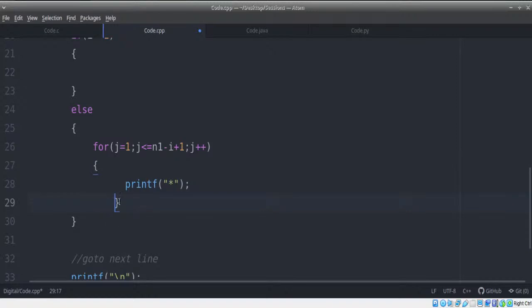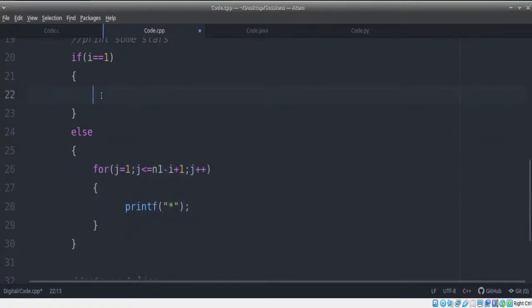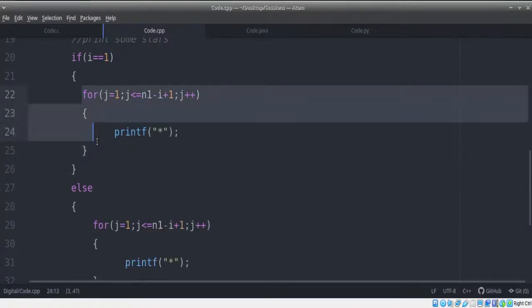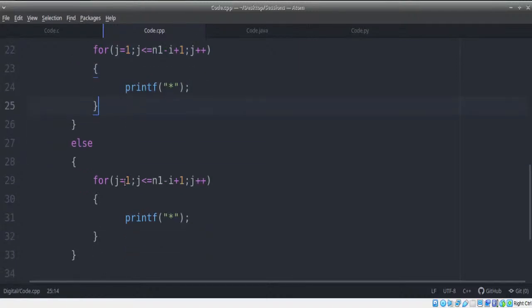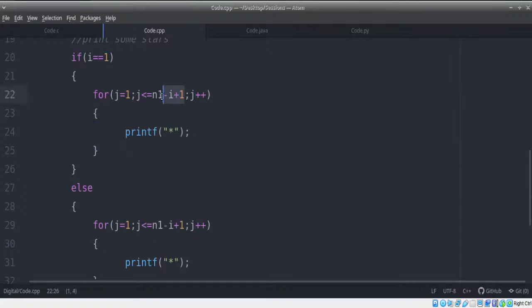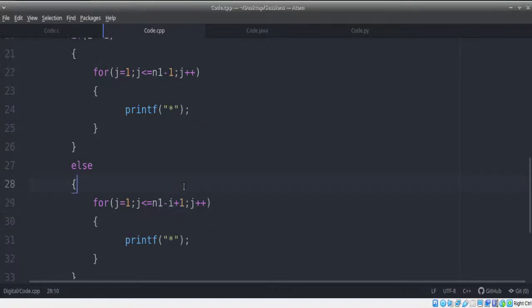If you're not in the first line, do this particular logic, where, sorry guys, we'll copy this and do something like this. That's it. If you're in the first line, it is n1 minus 1. If you're in other lines, apart from the first line, you're going to do this. That's the entire logic. Nothing else. Now, let's see if it works.